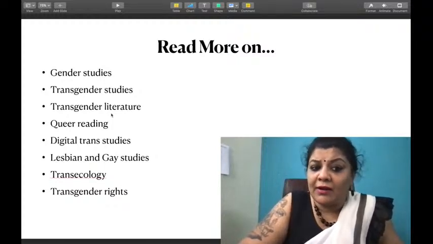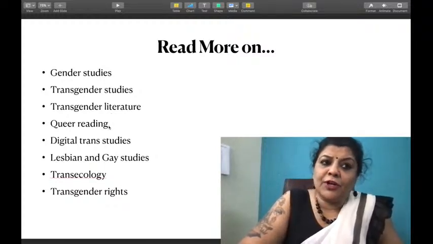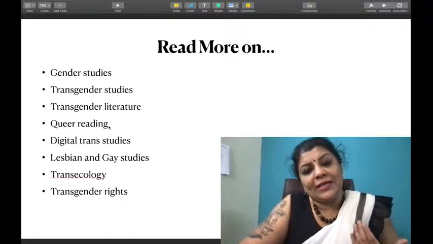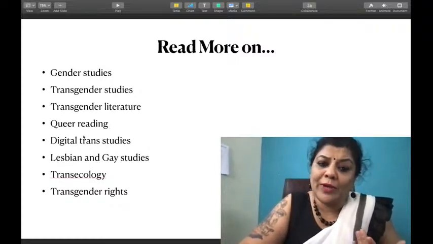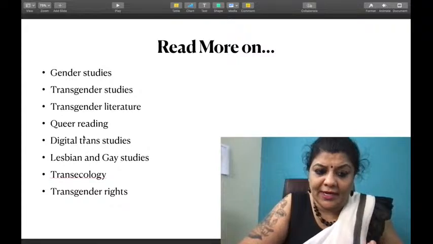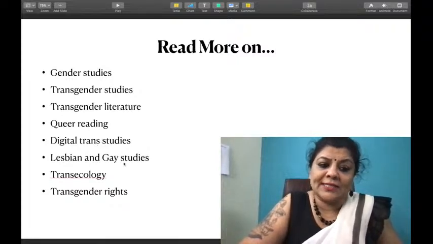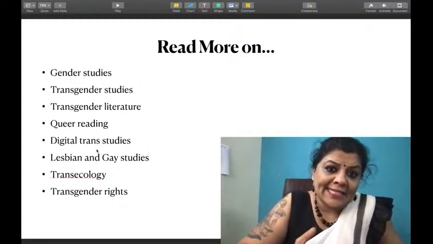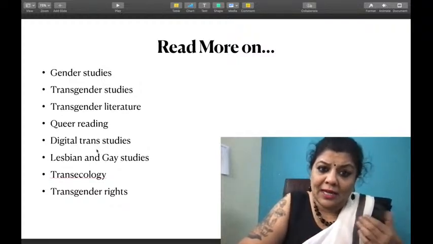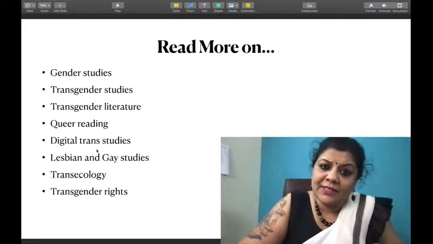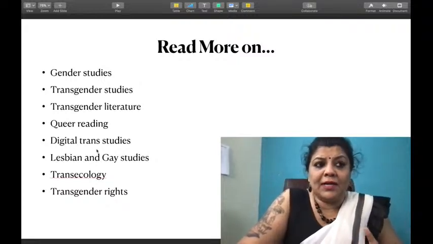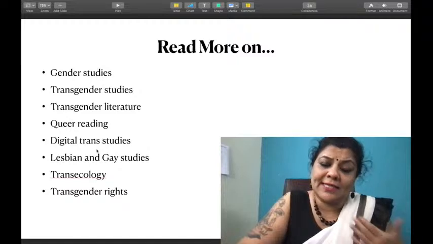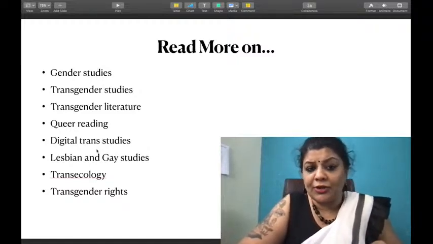Then we have queer reading. Even if you're not focusing on queer narratives, you can also focus on queer reading, like a feminist reading. Digital transgender studies is a very major area these days. In any aspect of identity, you can club digital studies. You can club technological studies, and any aspect of culture or identity.